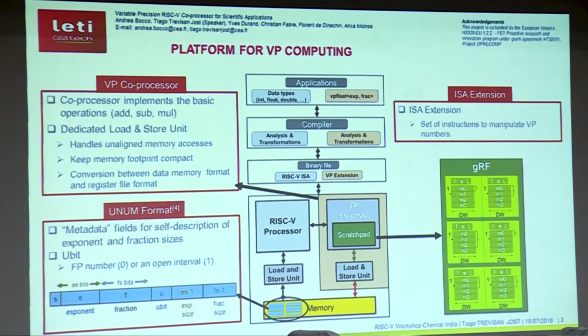Inside this VP coprocessor, we also have a scratchpad, which is mapped as a register file with different chunks, so some numbers can have more chunks or fewer chunks, representing the variable precision format we want in these operations. Along with that, we have an ISA extension for RISC-V.